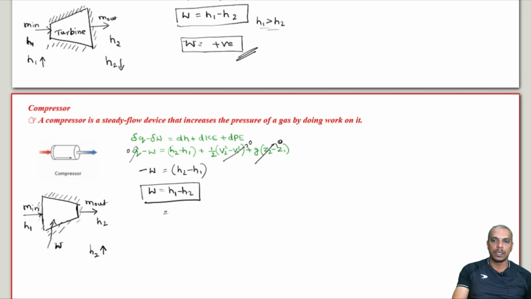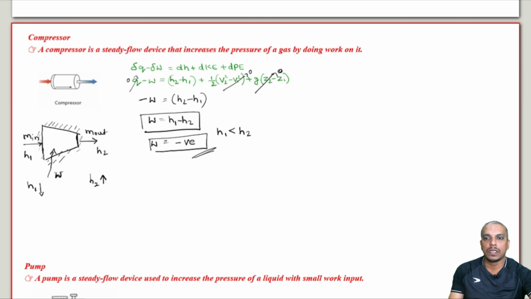So, the energy of the gas will be higher here. Energy of the gas at inlet will be lesser. So, what is our conclusion? H1 is lesser than H2. Therefore, H1 minus H2 will be negative. So, work transfer is negative. When work is given to the system, work will be negative. So, that is correct here. Work for a compressor will be negative.